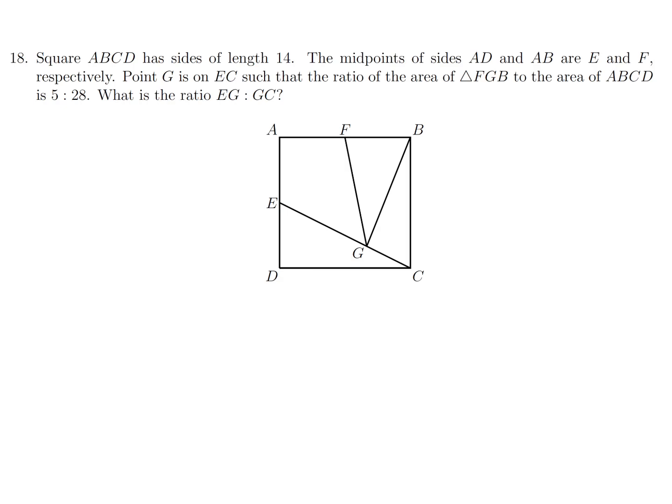Square ABCD has side lengths 14, midpoints of AD and AB are E and F respectively. Point G is on EC such that the ratio of area of FGB to ABCD is 5 to 28. What is the ratio of EG to GC? All right, I'm going to need some lines here. Let me put in those lines.